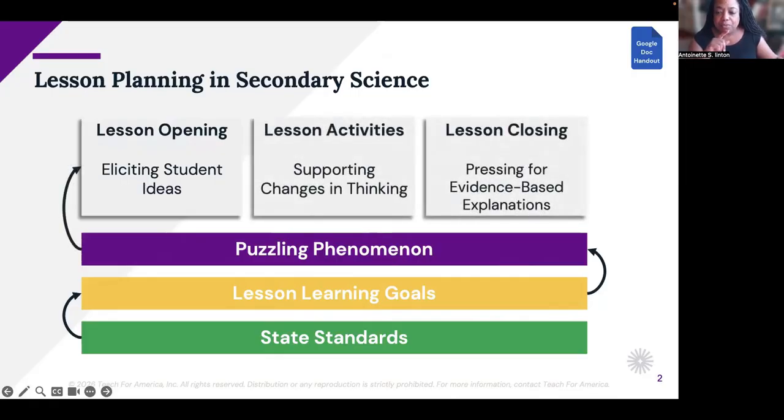So once students encounter the phenomenon, we begin eliciting their initial ideas. And this is where we surface students' prior knowledge, experiences, assumptions, and misconceptions. And from a teaching standpoint, this is incredibly important because students' thinking becomes visible. We explored this in session 3 and 4. And this might sound like, what do you know, what do you think happened?